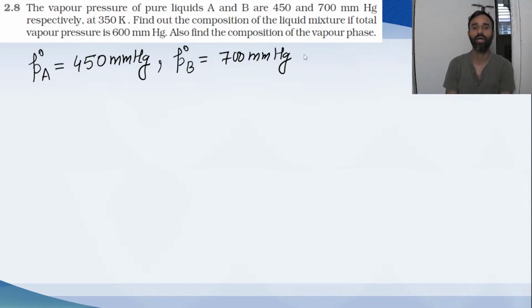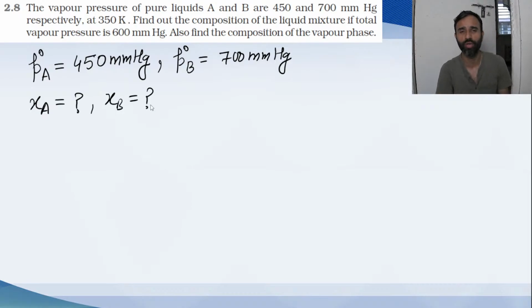First, we calculate the composition of the liquid mixture. Composition means we have to calculate XA and XB. Obviously, if one of them is known, the other can be calculated easily, because XA plus XB is equal to 1.